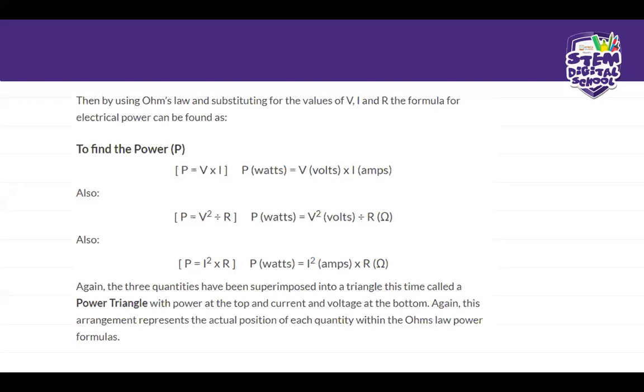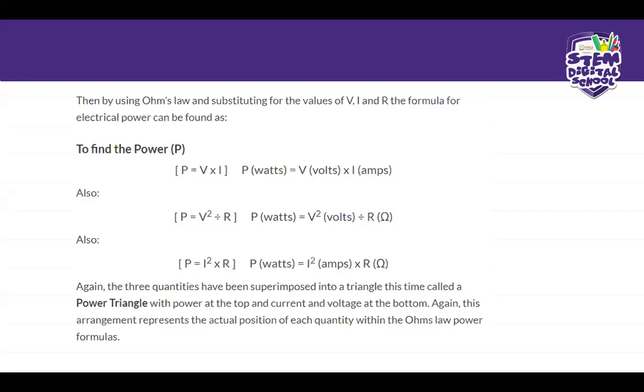So again, the three quantities have been superimposed into a triangle. This time it's called a power triangle. Remember when we did our Ohm's law, we had our Ohm's law triangle. So with this one, we now have the power triangle with the power at the top, the current and the voltage at the bottom.